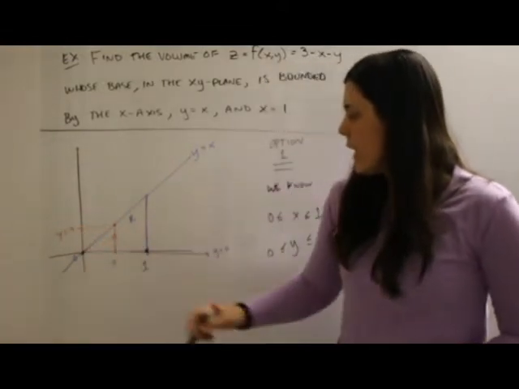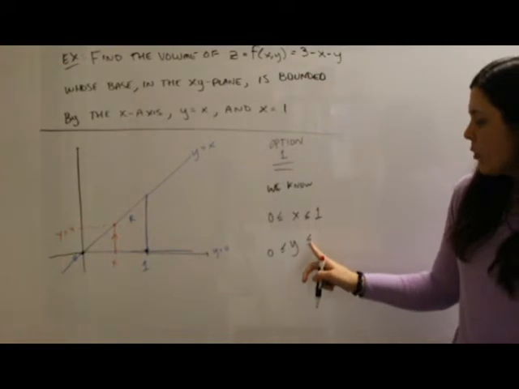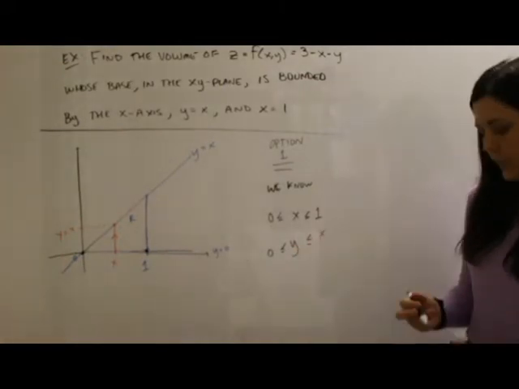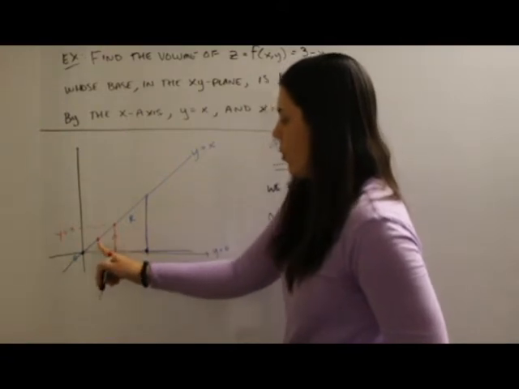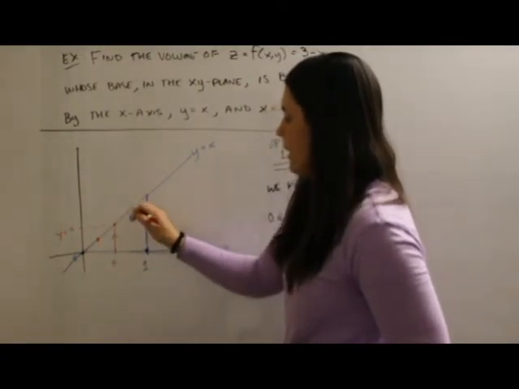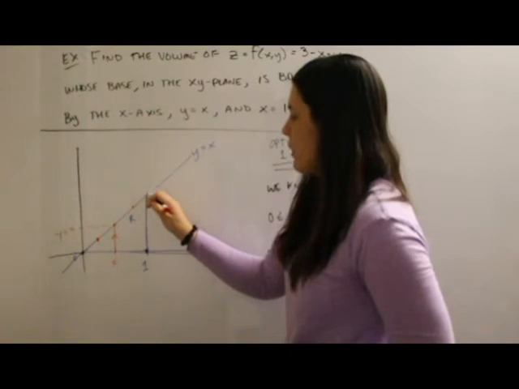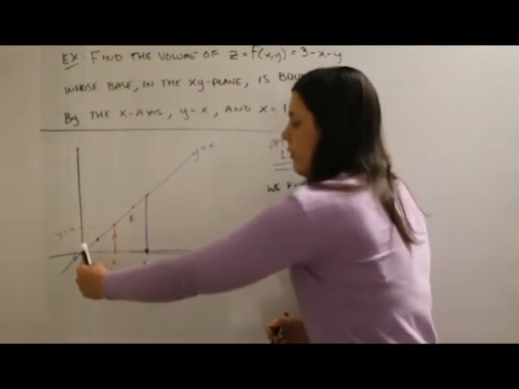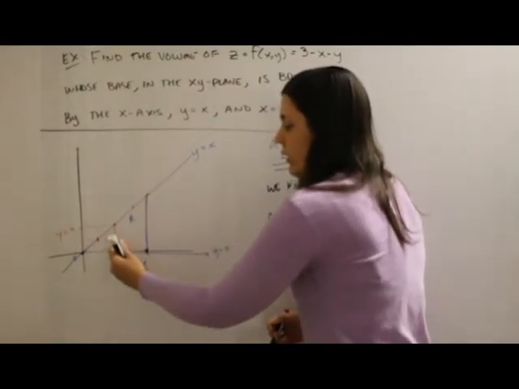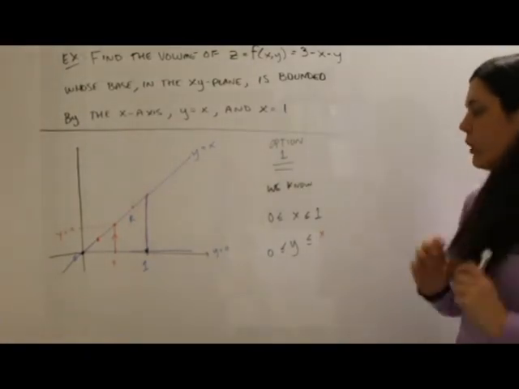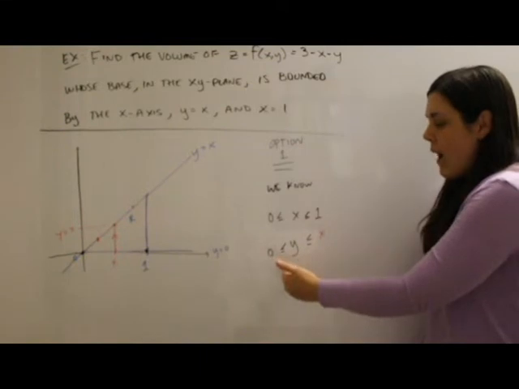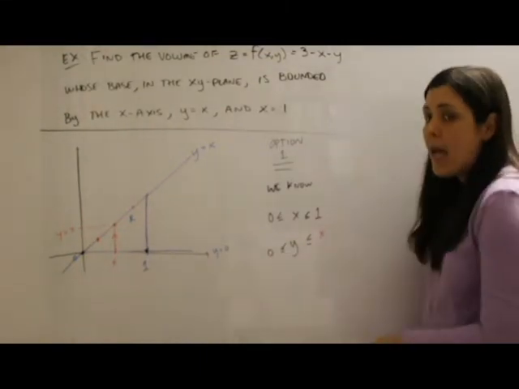So this is also x. So the upper boundary for y is x. At this point, y is x, which happens to be 1, but it's a function of x depending on where we pick our x value at. And so the first option we're going to do is to integrate with respect to y first because it depends on x.